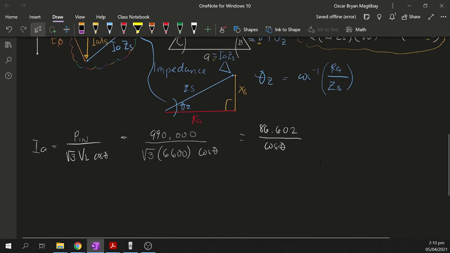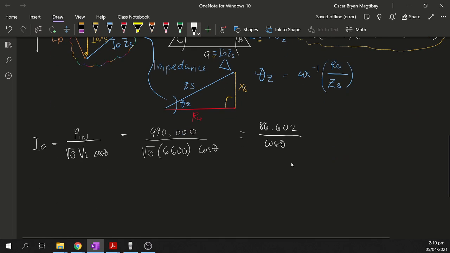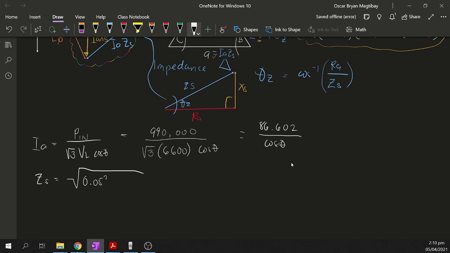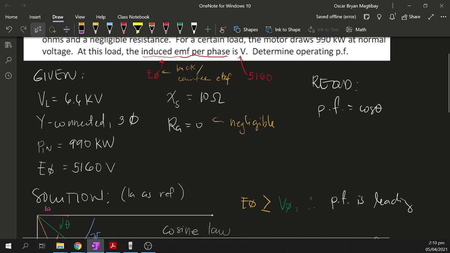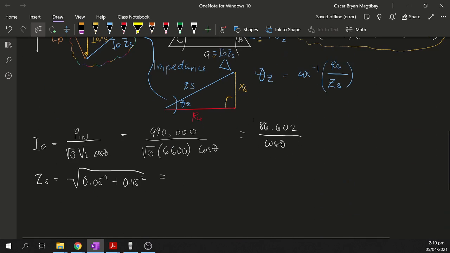Para makuha natin naman si ZS, kasi kailangan natin si ZS, ZS is equal to square root of Pythagorean theorem. RA, which is 0.05 squared, plus XS, which is 0.45 quantity squared. So, ano sagot natin dito? Sorry. Hindi pala. Ibang problem pala yun. Sorry po.